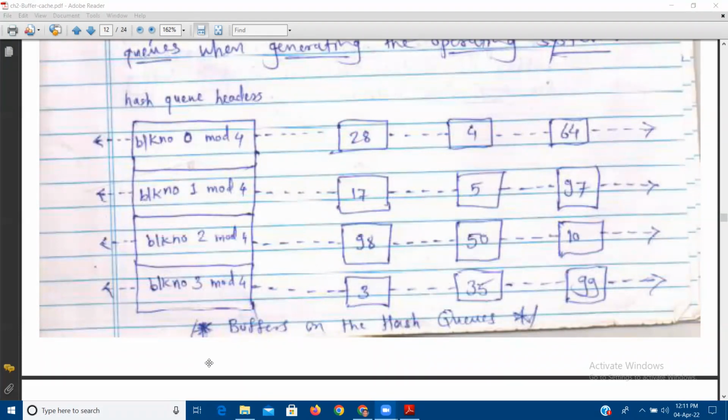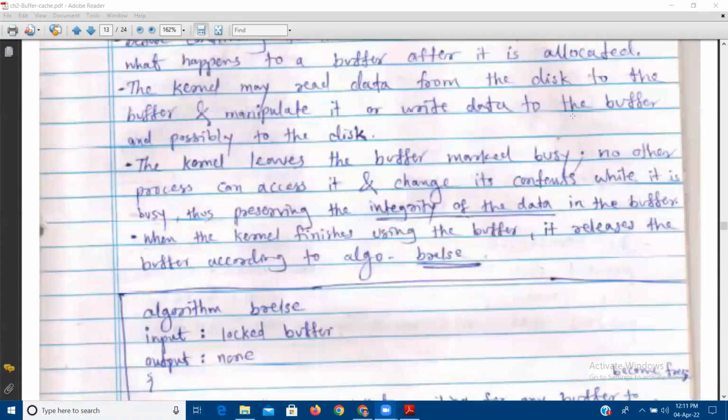Is it over? Okay, if you have completed this diagram, now you can proceed further to the last diagram.